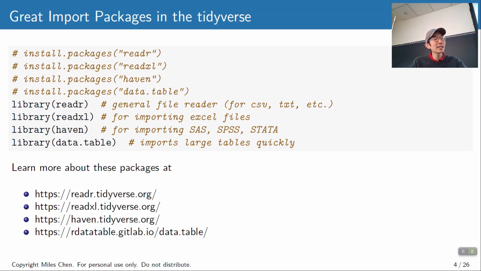It seems like in academia, R has taken over everything, and in industry, Python has taken over much of everything. So those are the two big tools for data science these days. But anyway, haven allows you to import some of these other things. Like everything else, read the documentation, and that will show you how to use them.